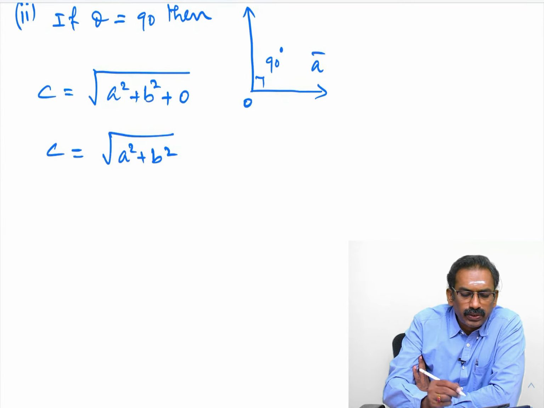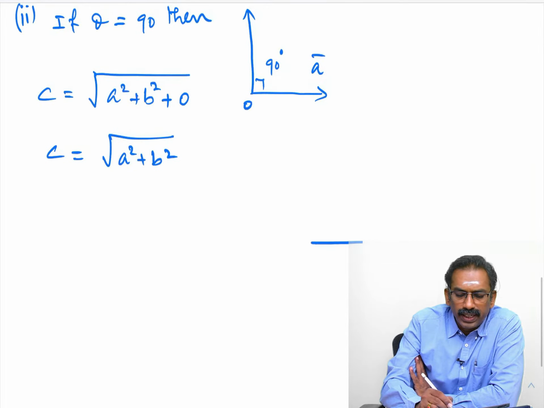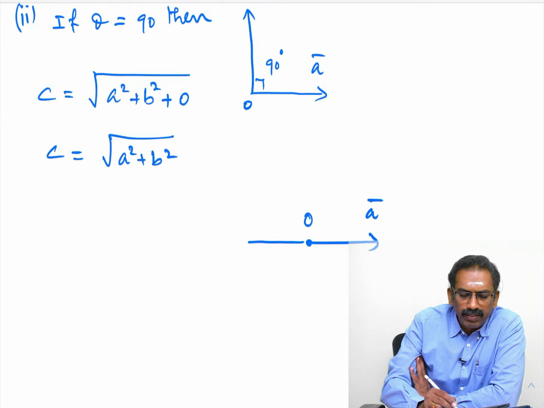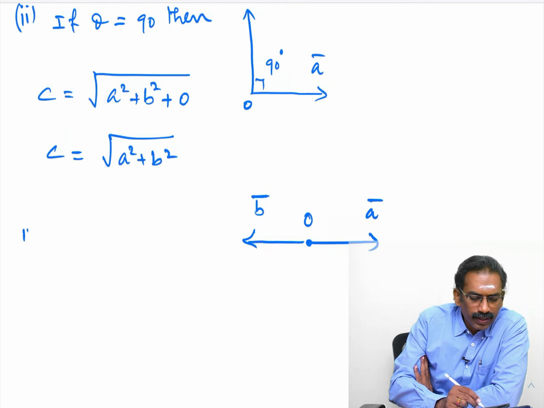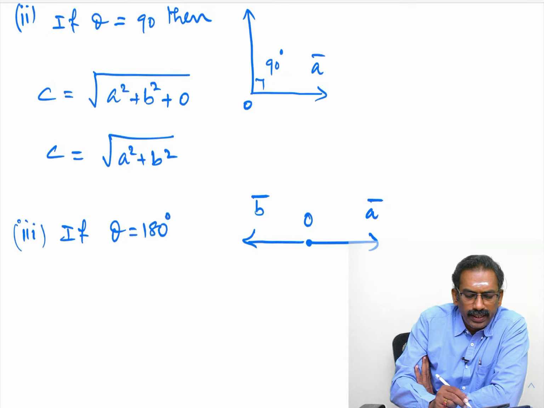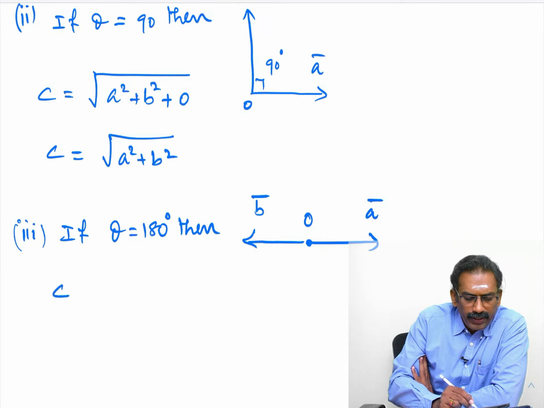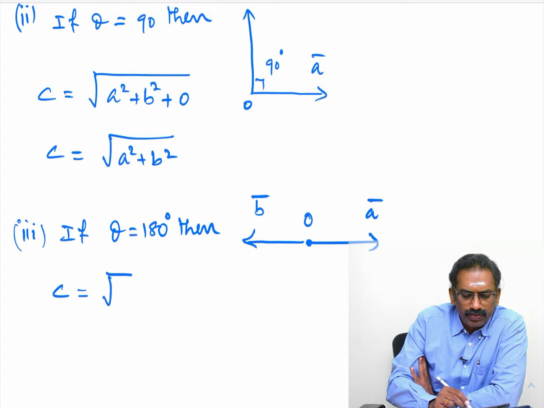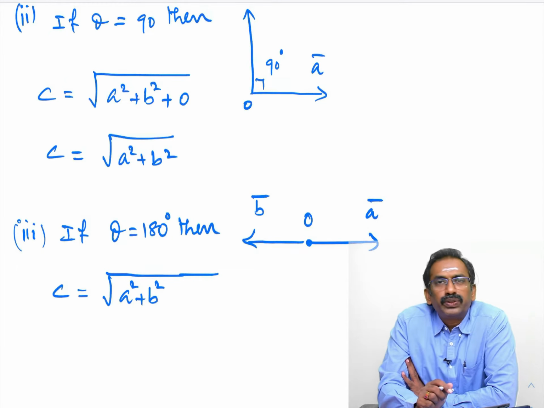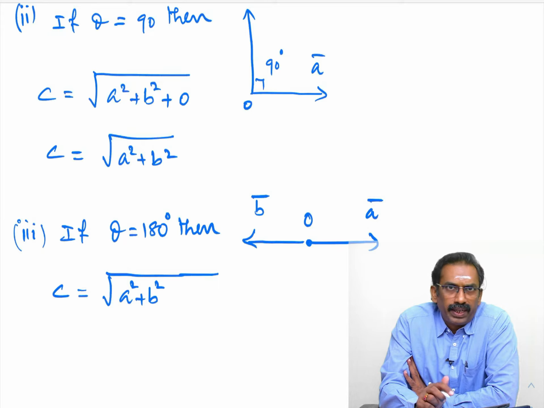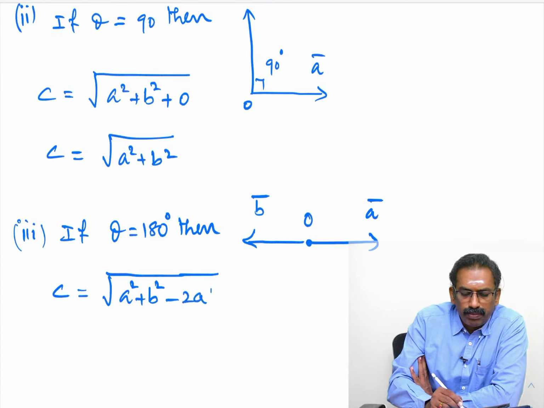Suppose these 2 vectors act in the opposite direction. This is A vector acting from the point O. This is B vector acting from the point O against A vector. Then the angle between them is 180 degree. In this case, if theta is equal to 180 degree, then the magnitude of C is equal to square root of A square plus B square plus 2AB cos 180, cos 180 is minus 1, therefore minus 2AB.